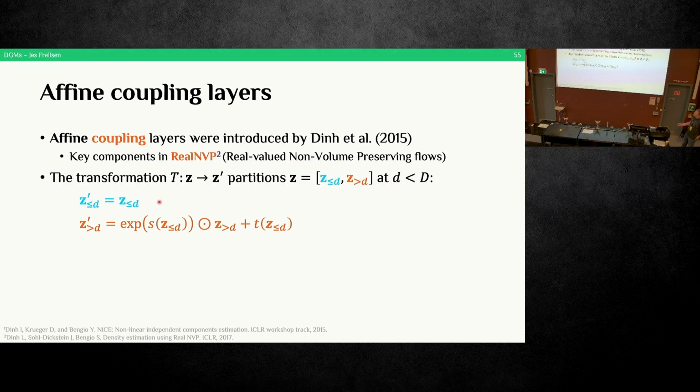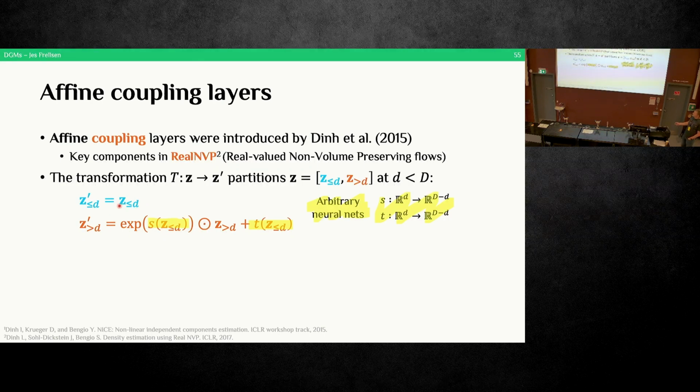For the first part of the transformation, that's just the identity function. That means that the output is just equal to the input. And for the second part of the transformation, we are applying this affine transformation. The idea is that S and T here can be arbitrary neural networks.